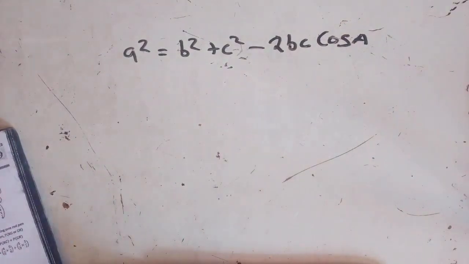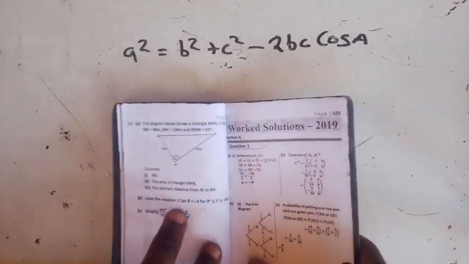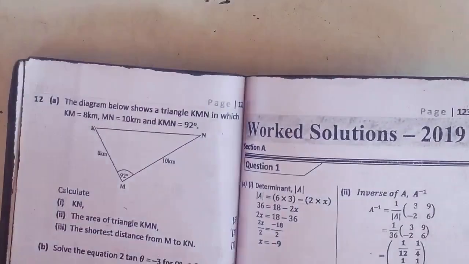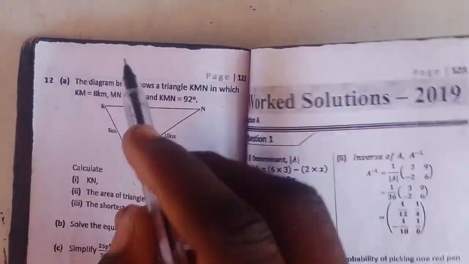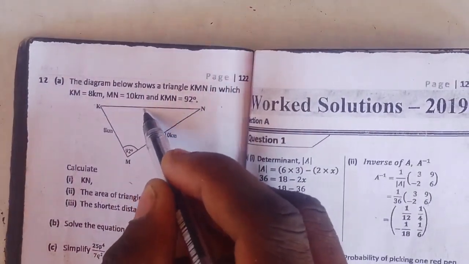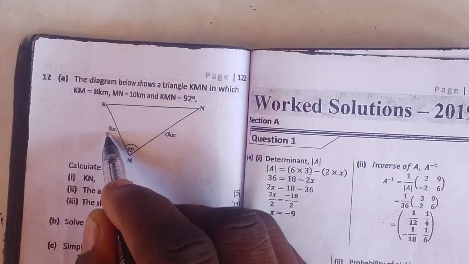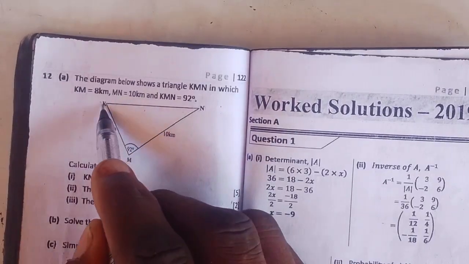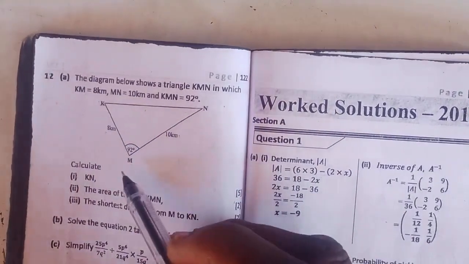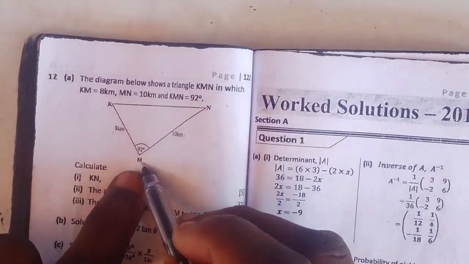Okay, so according to the question, if here there is M, we can also have M here. Here there is N, and there is K. So in short, we are finding M, which is this one.